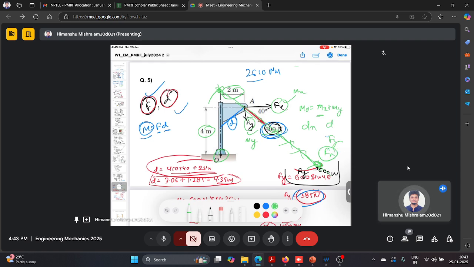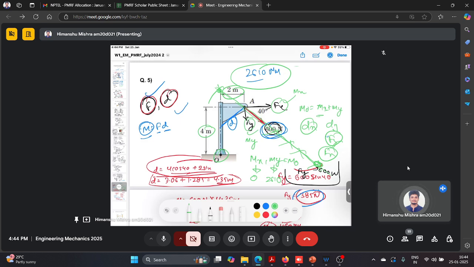We determine dy, which is the perpendicular distance to Fy. We found dx is 0, and that again we determine mx and my. We found mx was 0 in this case, and we found that my is actually the moment we required. So again, this comes out to be 2610. So from all these three methods, we arrive at the same value of the moment.